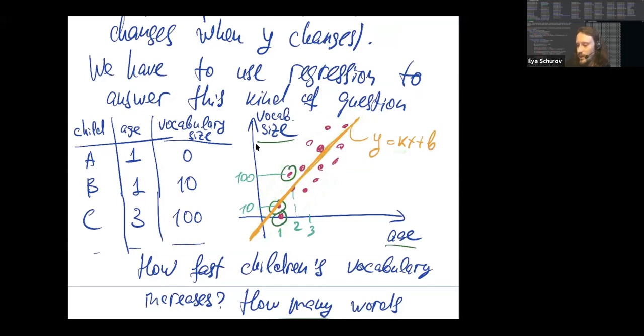Then we find this k and b, and then we can interpret these values in terms of our initial problem. For example, for this kind of data, k shows how fast children learn new words.